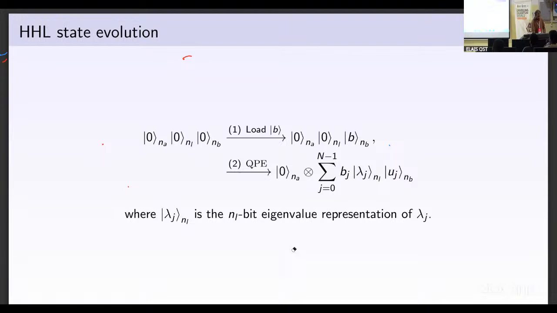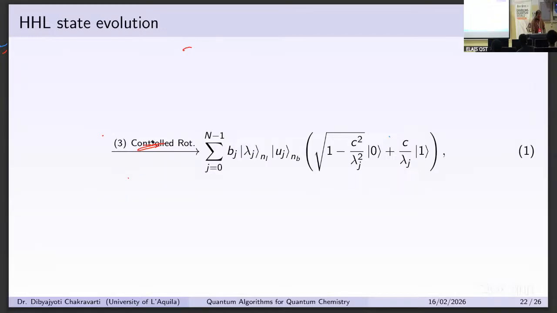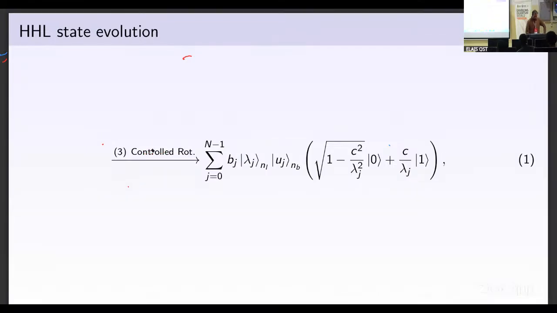Next, what we have is a control rotation where the rotations are controlled over this register, that is the first NA register. So once we rotate with the control on the ancilla qubits, the eigenvalues are inverted. You can see on the register, we have lambda inverse already here.